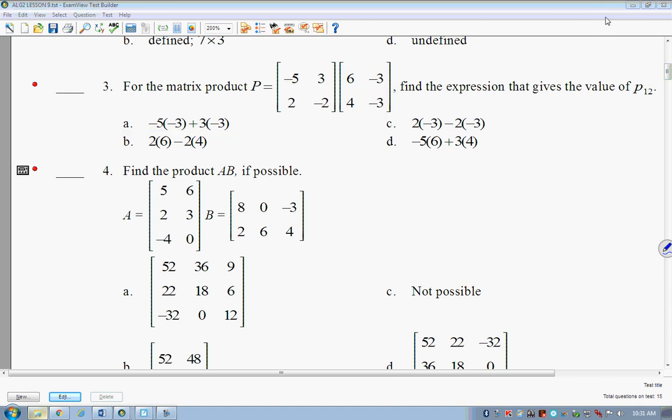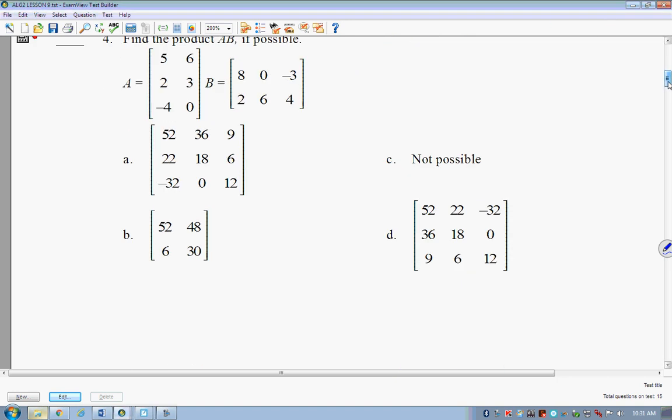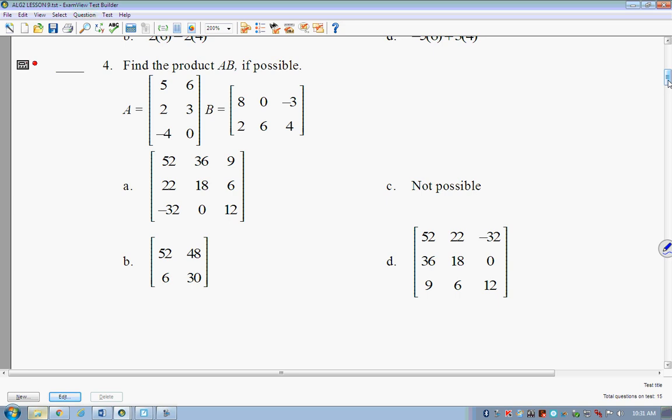All right, let's come down here. Find the product AB if possible. Well, what are the dimensions of A? 3 by 2. And what about this one over here? 2 by 3. So what are the new dimensions going to be? 3 by 3.